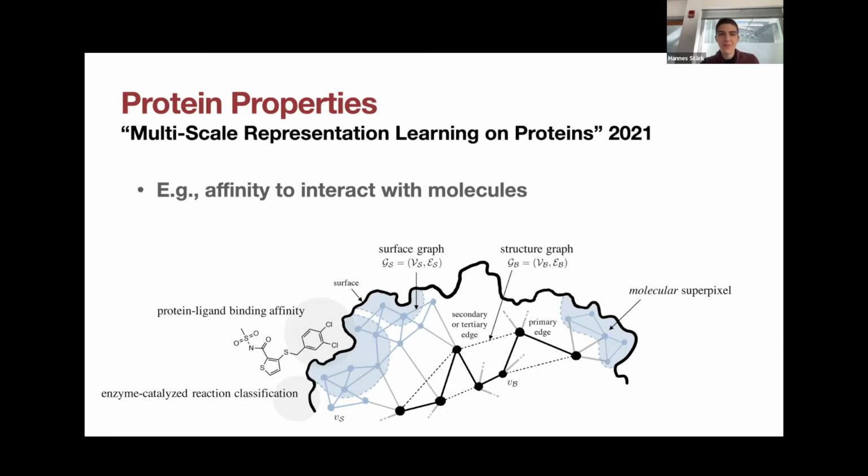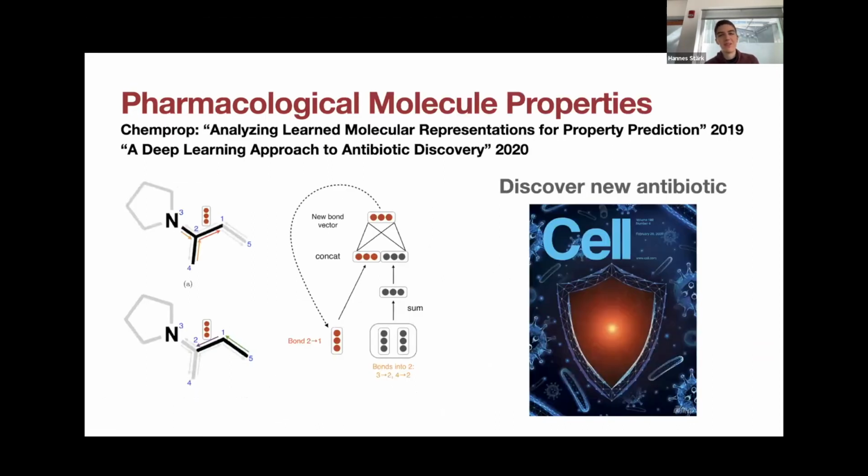Okay, but then let's get to what was called ChemProp, which came from a group literally here where I'm sitting right now, where they analyzed learned molecular representations for property prediction, right? They provide this ChemProp library, called Chem from chemistry and Prop for propagation, and there we're talking about propagation of messages in a graph of the small molecule.